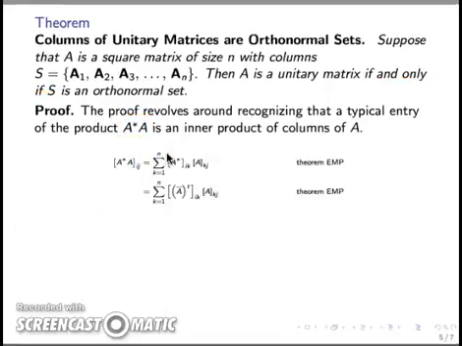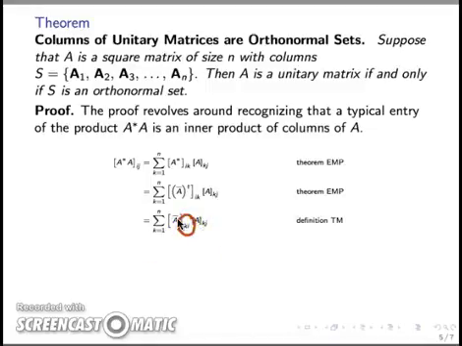Then we're going to see step by step here what the ijth entry of the adjoint of A times A is. The ikth entry of the adjoint is the transpose of the complex conjugate of that matrix, and the ikth entry of the transpose is precisely the kith entry of the complex conjugate.